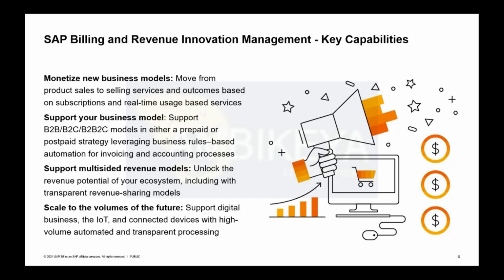I have mentioned at the end of my presentation the performance scaling that we did for Convergent Invoicing. And that makes it so strong to support digital business and IoT business, because there you have a lot of consumptions from different points of time, and you have a lot of different price models in place.